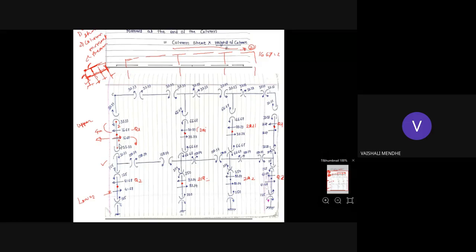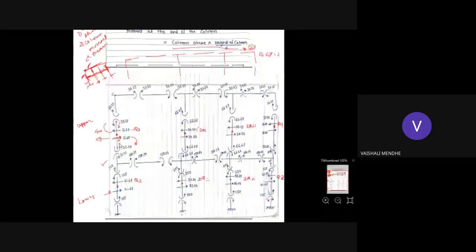This distance is 2. This is in the clockwise, so it will be anti-clockwise. So the end moment you are getting in the column is 33.33 due to this. Which formula do we have to keep in mind? Column shear into height of column by 2. So you will get the column moment at the end of the column.